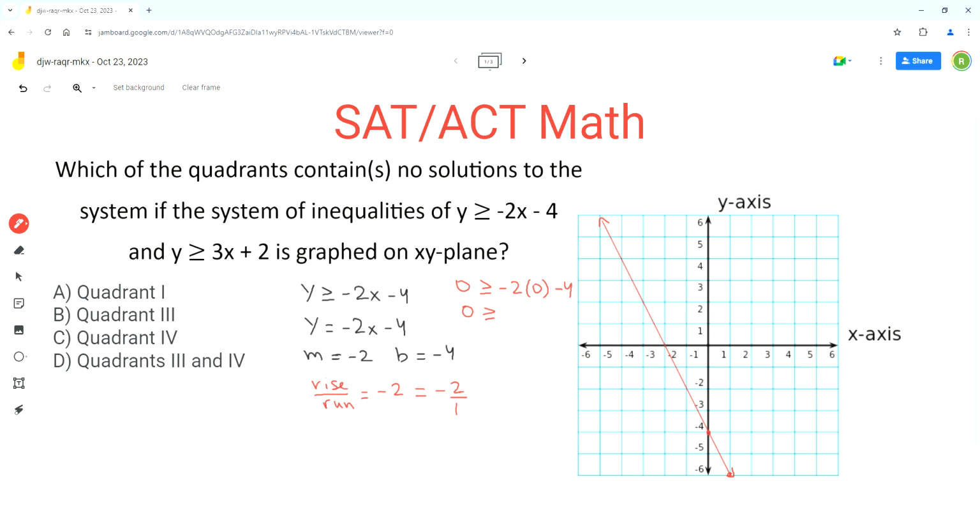Negative 2 times 0 is 0. And 0 is greater than or equal to negative 4. That means the point 0, 0 satisfies the first inequality. That means the solution for this inequality is on the right side of this line.